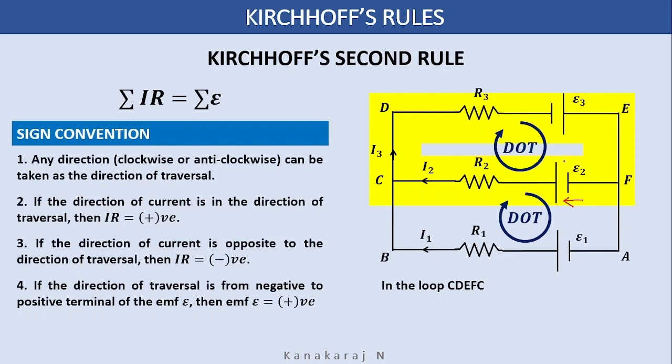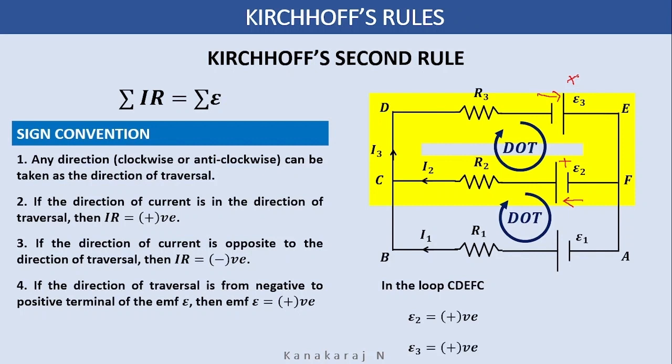So, epsilon 2 is taken as positive. Good. Then the direction of traversal is from negative terminal to the positive terminal of the EMF epsilon 3. So, epsilon 3 is taken as positive. Epsilon 2 is positive. Epsilon 3 is positive.